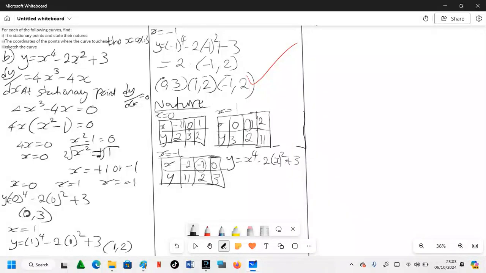So if you sketch this curve, right, we have negative 1, 2. So let's say negative 1 is there. I'm going to make this bigger.